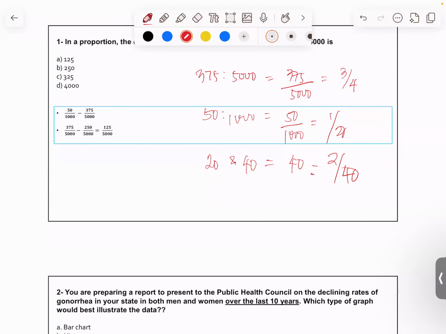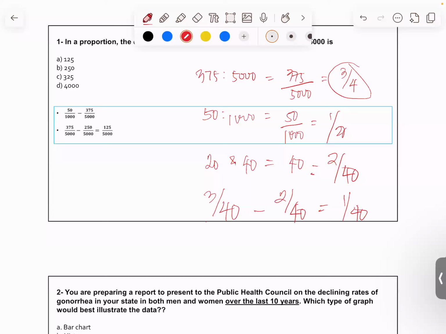Next will be subtract the fractions. Okay, we will do the subtraction. So 3 over 40 minus 2 over 40. That gives you how much? 1 over 40, right? Then convert the result back into decimal or simplified form.